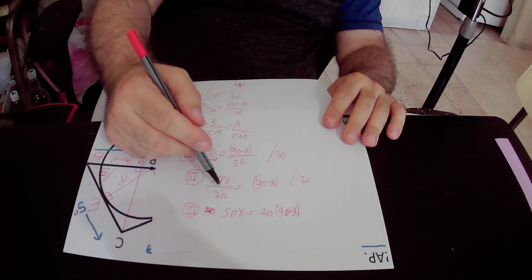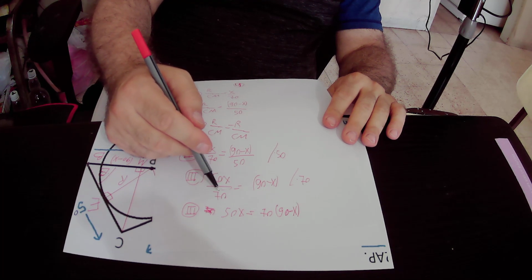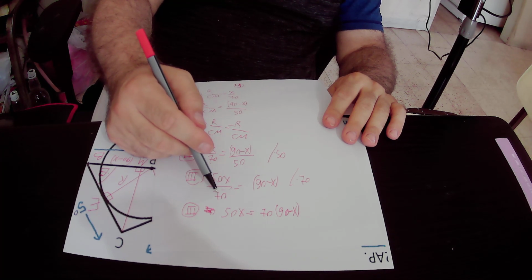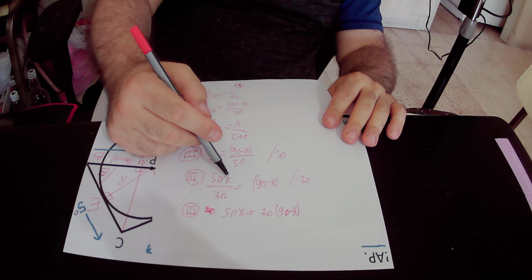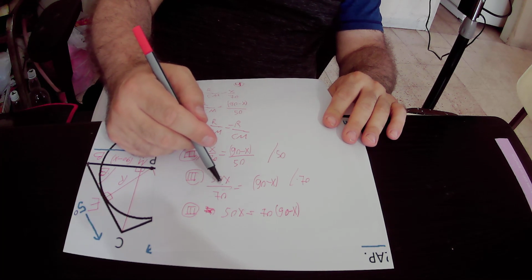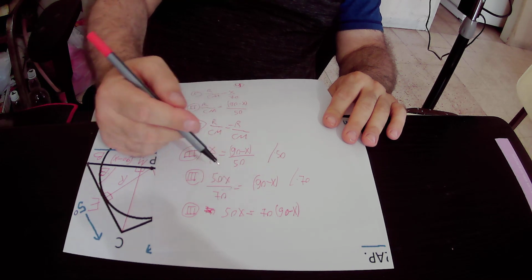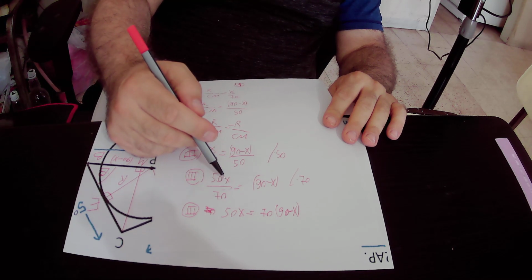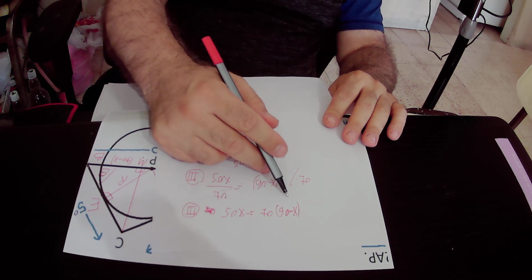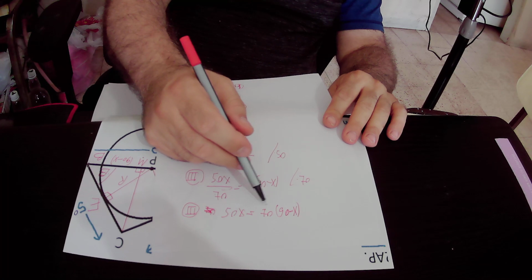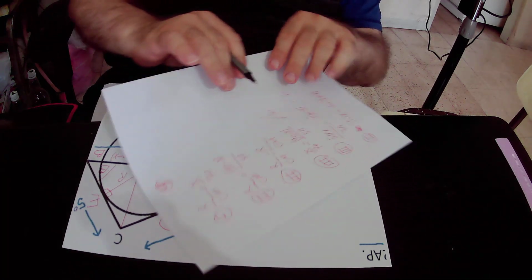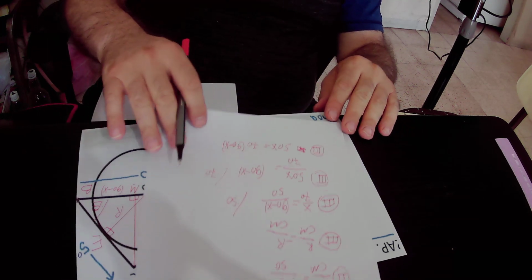The 70 is cancelled because we have 70 in the numerator and also 70 in the denominator, so 70 over 70 equals 1. We are left only with 50x, which equals 70 times 90 minus x. Now we will open the brackets on this side of the equation.